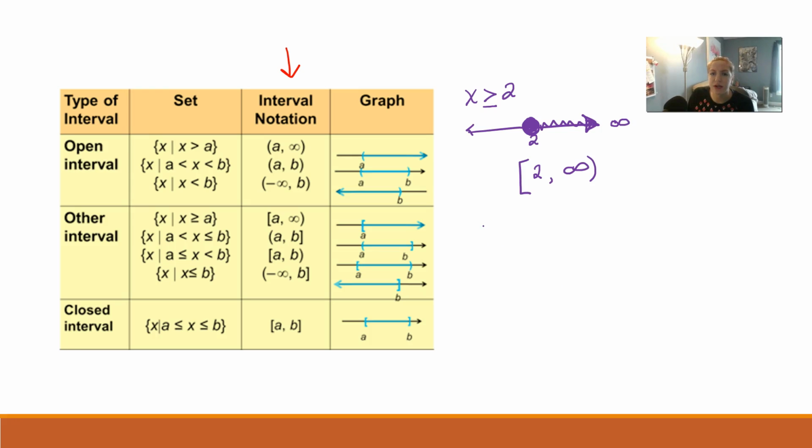Let's go the other direction though. What if we had x is less than 4? I'm just picking random numbers at this point, so don't read into that too much. So of course, if we were to graph this, it would be an open circle. It's not equal to, and all the values that are less than 4. Oh, look at that beautiful graph. It's amazing.